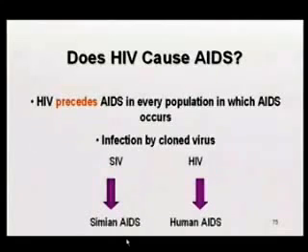Some people argue that Koch's postulates, you've probably come across Koch's postulates, have not been fulfilled. It's one of the arguments made by the camp that says HIV does not cause AIDS. Well, one of Koch's postulates is that you isolate the organism, you inject it into an animal or patient who has not received the organism, and you look to see if disease results.